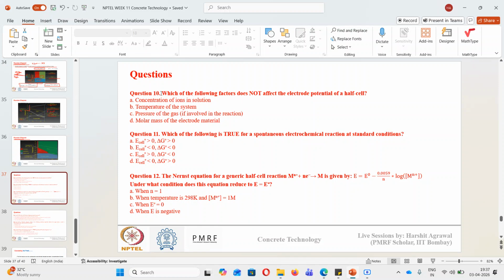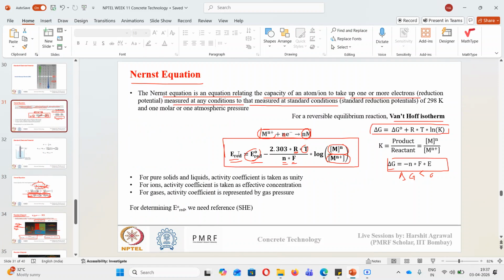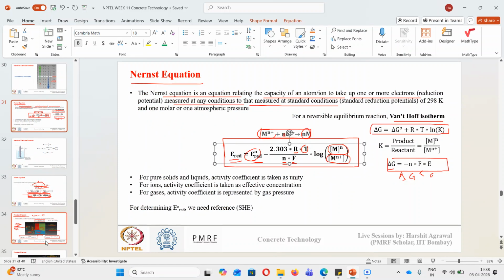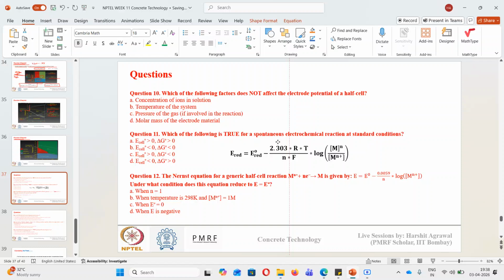So question number 10 is, which of the following factors does not affect the electrode potential of a half cell? I will paste this equation here so that you can think through the equation.